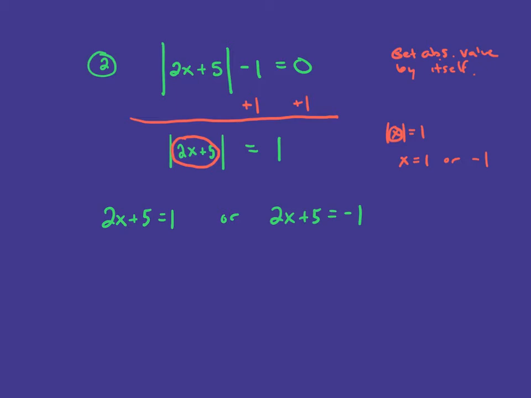Okay, and then once you've got that, we just work that out. Subtract 5 from both sides. 2x equals negative 4. And then divide by 2. x equals negative 2.